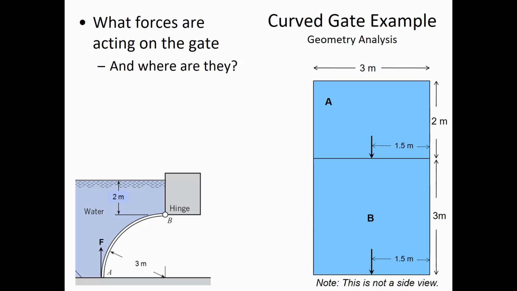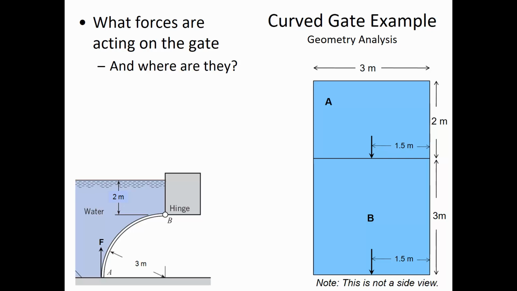So the horizontal force, F sub H, to find the magnitude, it's the pressure at the centroid, P bar, times the area. In other words, delta H times gamma times the area.